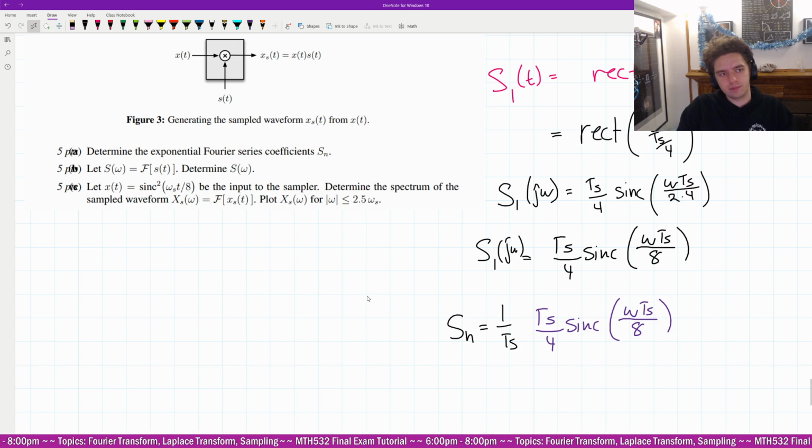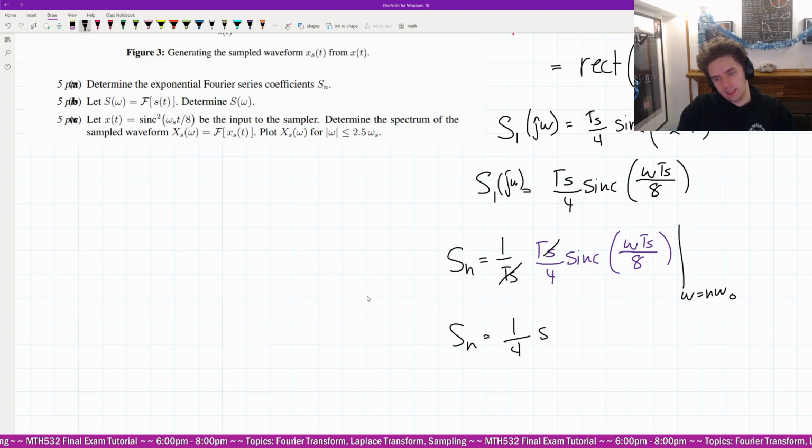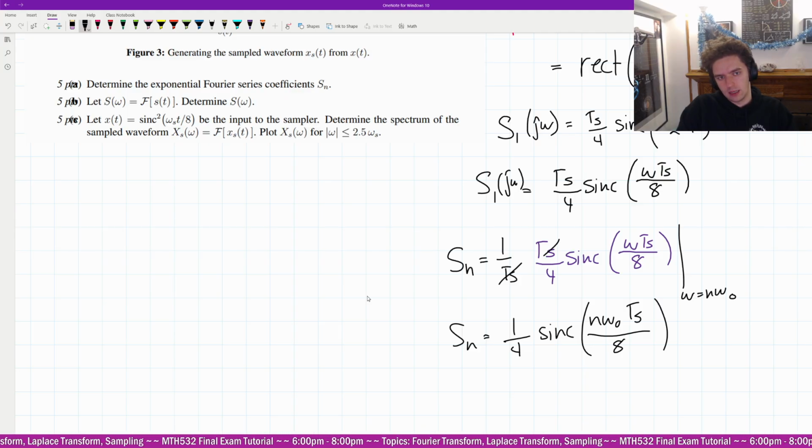There we go. So the TS are going to cancel, and I have to evaluate this at omega equals n omega naught. So Sn is going to be 1 over 4 sinc n omega naught TS over 8. Is that fine?